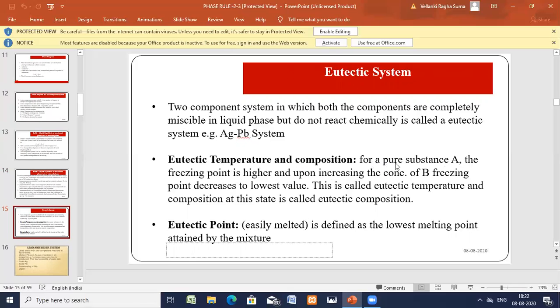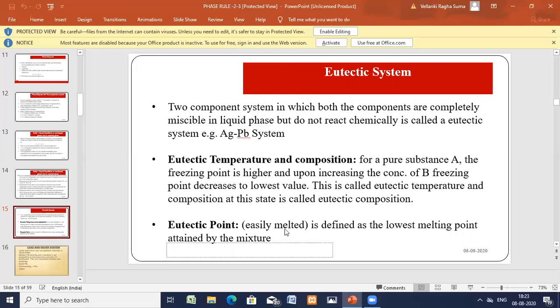For a pure substance A, the freezing point is high, and upon increasing the concentration of B, the freezing point decreases to its lowest value. This is called the eutectic temperature, and that composition is called the eutectic composition.